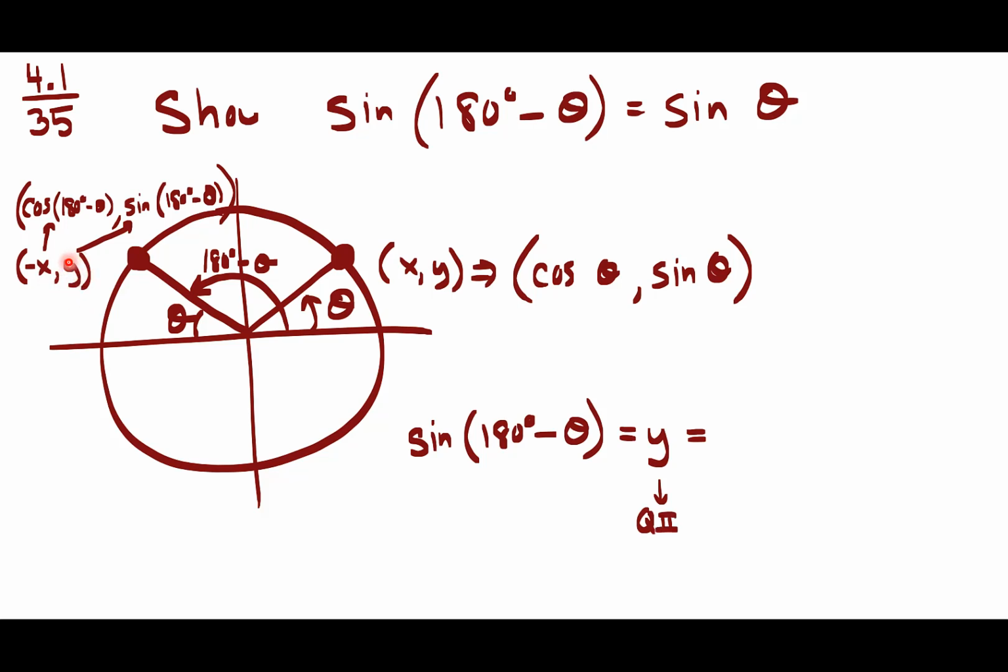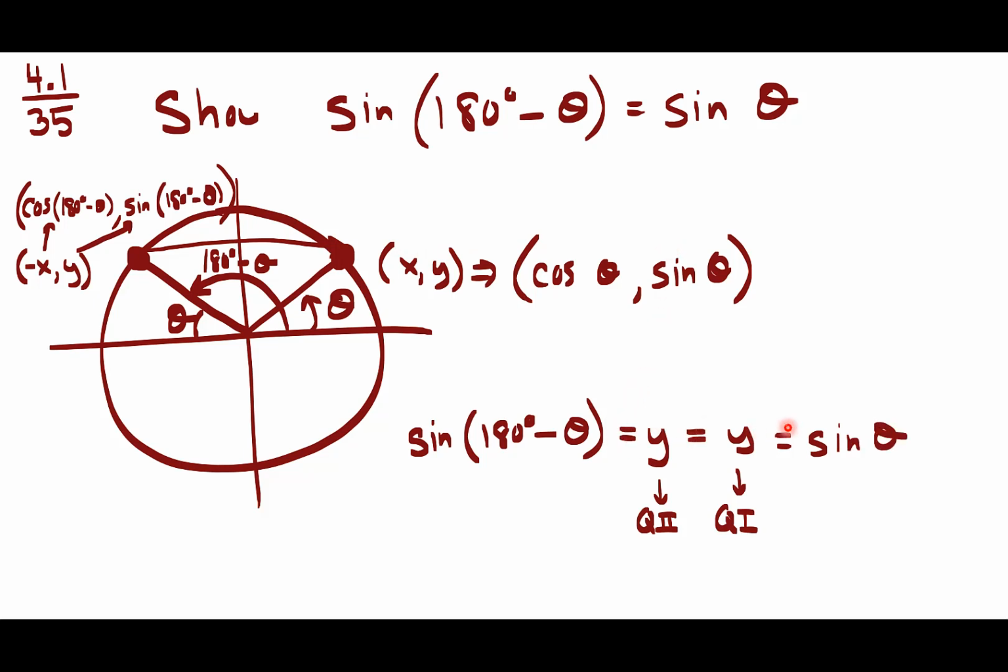And then we look at the diagram and we see, hey, that height is exactly the same height as this here. They're on the same exact height level. So that means this y value here corresponds exactly to the y value in quadrant 1. And in quadrant 1, that corresponds exactly to sine of theta. So we have proved it by these little equal signs right here.